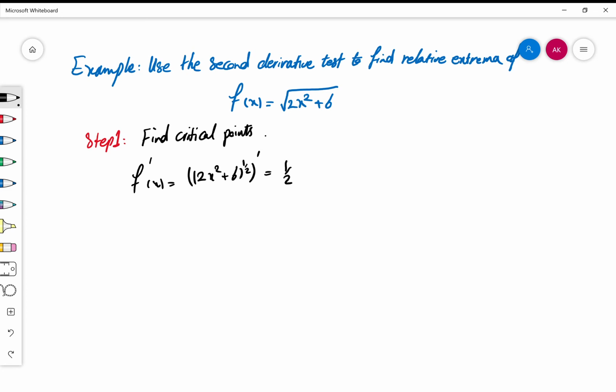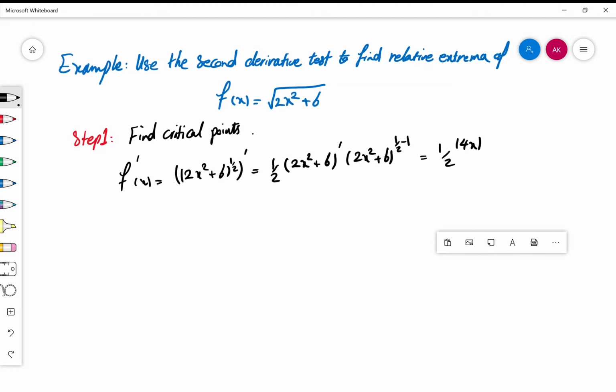So it's half times the derivative of this piece times 2x squared plus 6, one less to the power. Okay, so this is 1 over 2 times 4x times, well, this is negative 1 over 2, which means that I have 1 over root 2x squared plus 6.